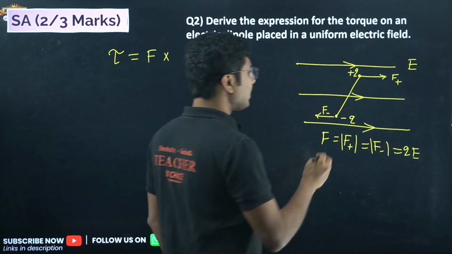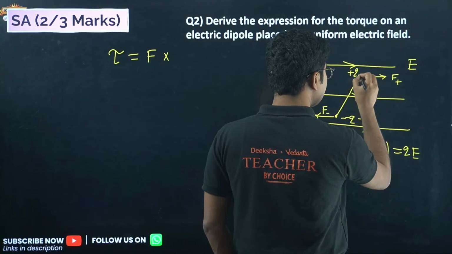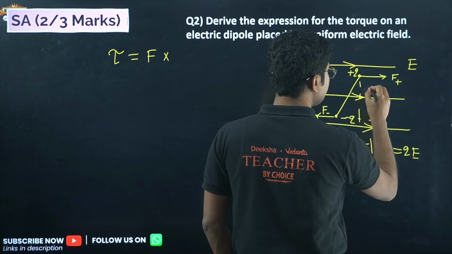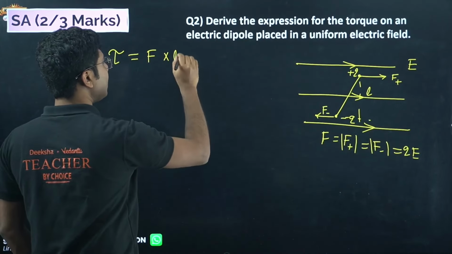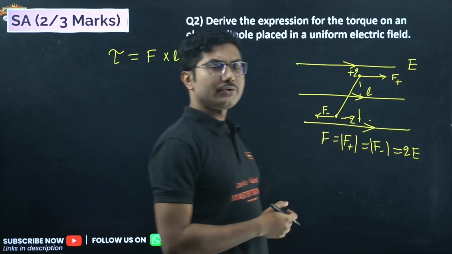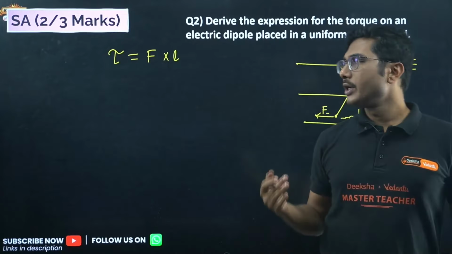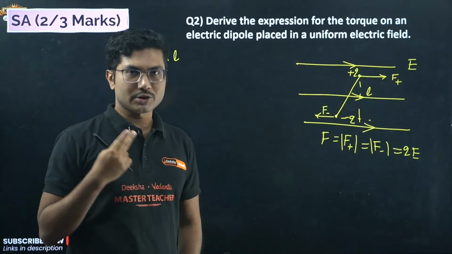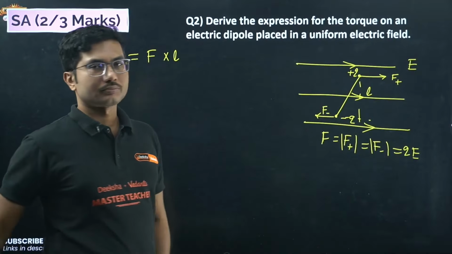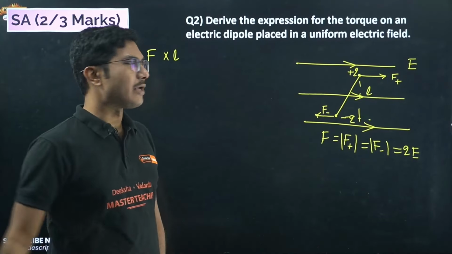What is the distance over here? The distance is nothing but this distance, say L. So F into L will be the torque. Very simple. Torque is the magnitude of force into the distance between the forces. Remember, two equal and opposite forces must be acting on the object. Here the object is obviously the dipole.